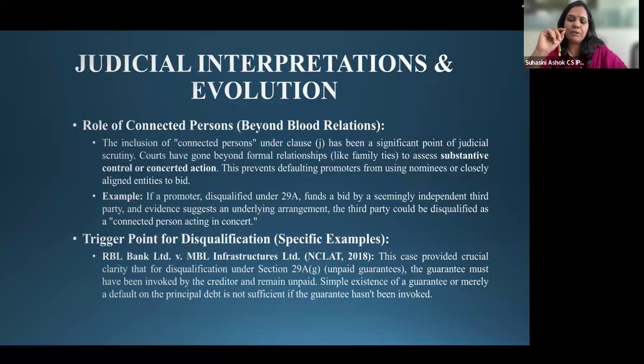So the simple existence of a guarantee or merely a default on the principal debt is not a sufficient disqualification. A person may have given a guarantee. If that is not invoked, he is still eligible to submit the resolution plan.